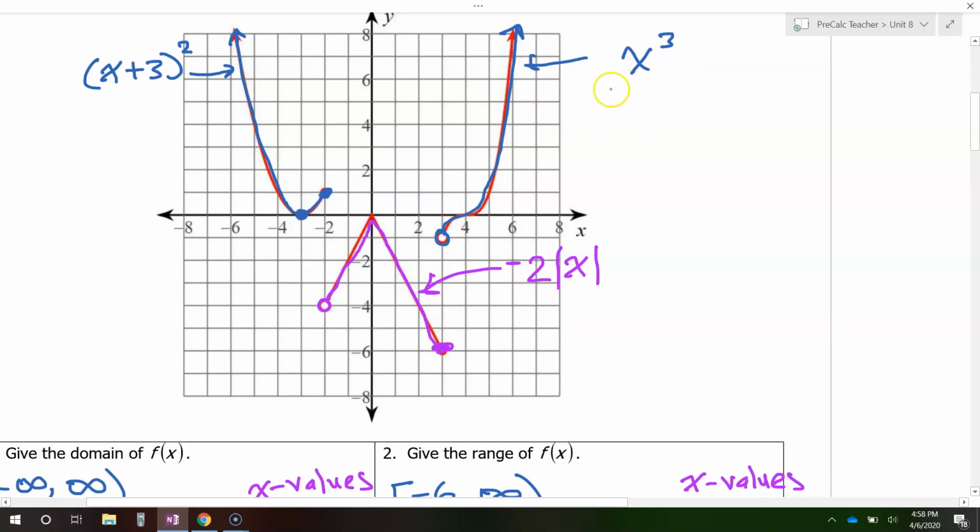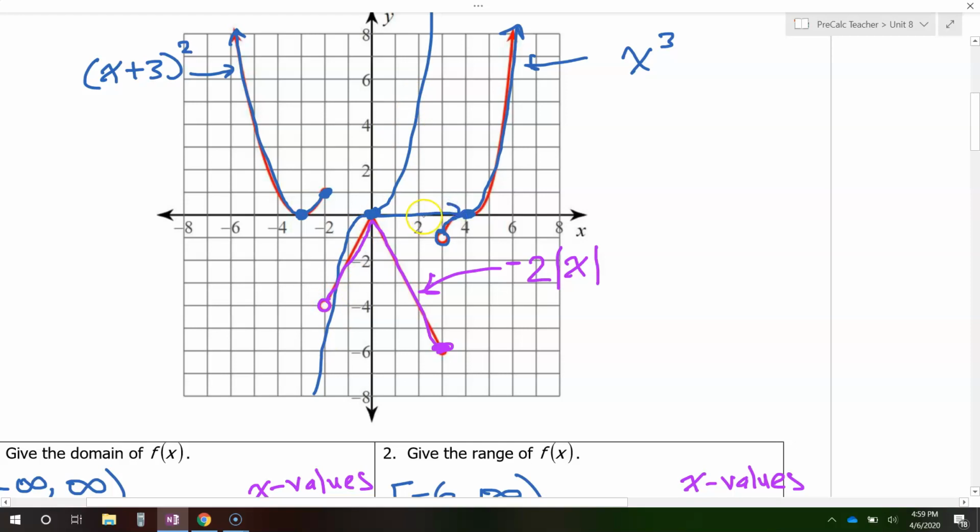Now, x cubed itself, as you saw that I just drew, it normally goes through the origin, like this. All right, that's where the inflection point is, where it switches from being downward to upward. But on this graph, the inflection point is here. So that shows me that the x cubed has moved to the right 4 units.